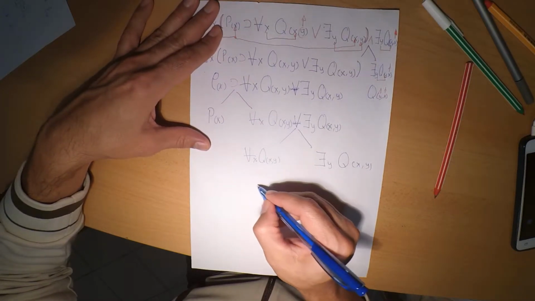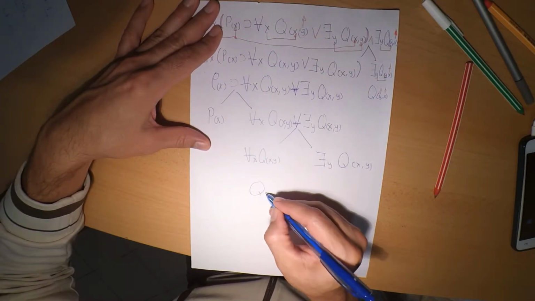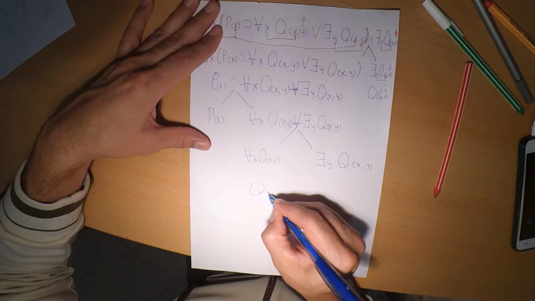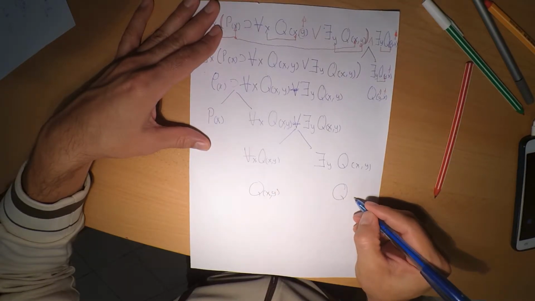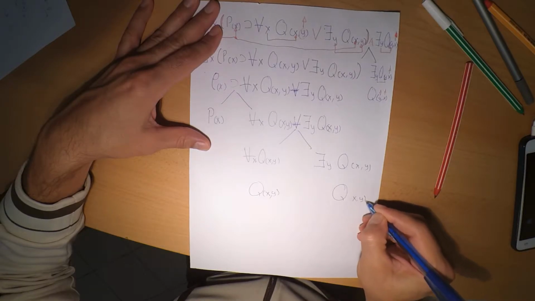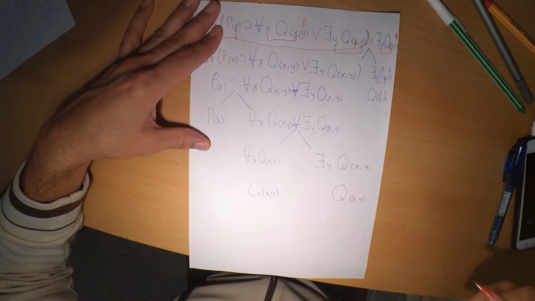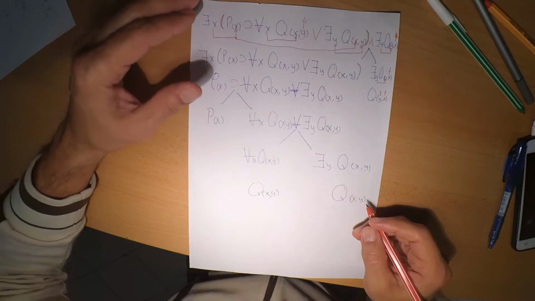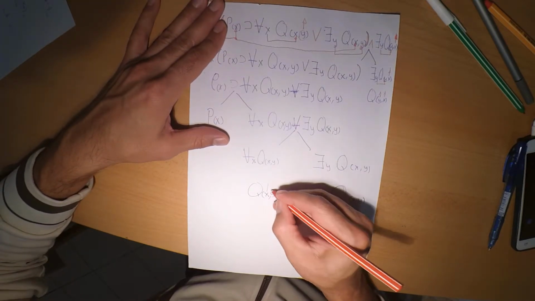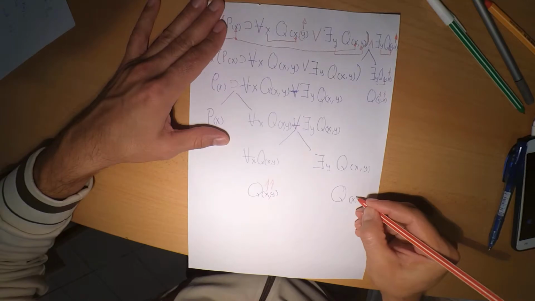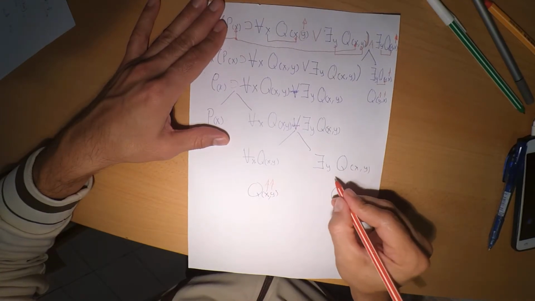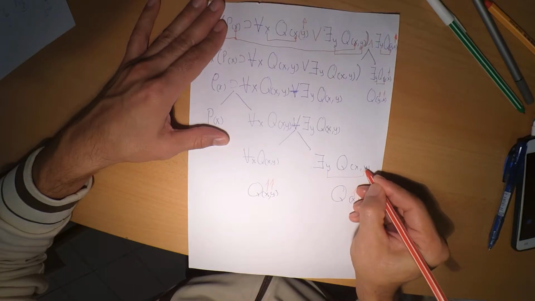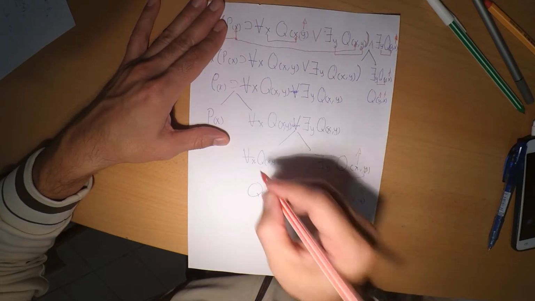In the atomic formula we get this x, y, and here we have q, x, y as two arguments. So let's bond it and mark the free variables. Here are two free variables. That is for sure. But here we have one bonded and one free variable.